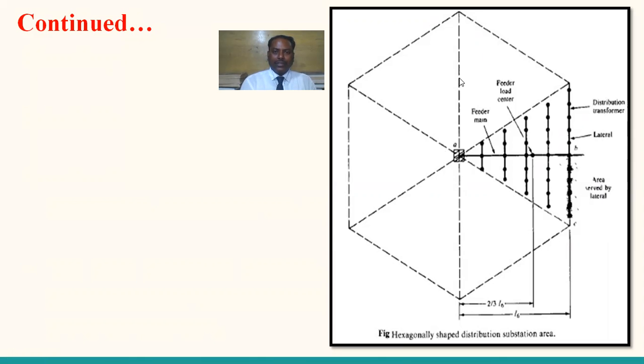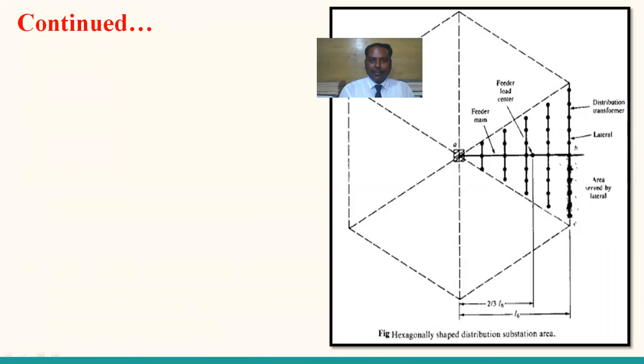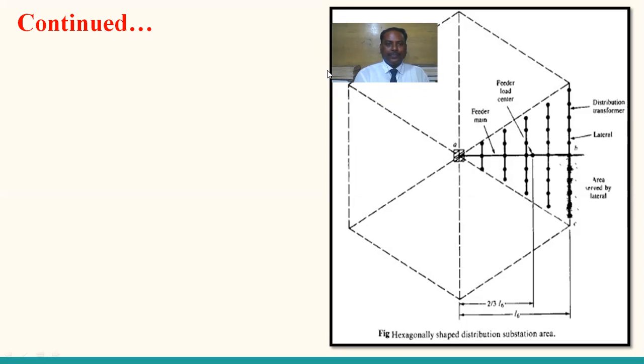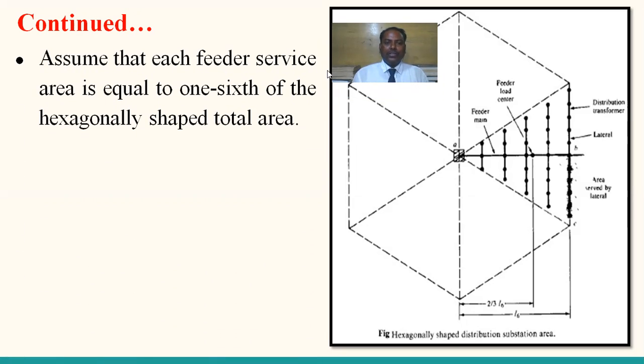Here also, in the same manner as in the earlier case, we will proceed. Assume that each feeder service area is equal to 1/6 of the hexagonally shaped total area.